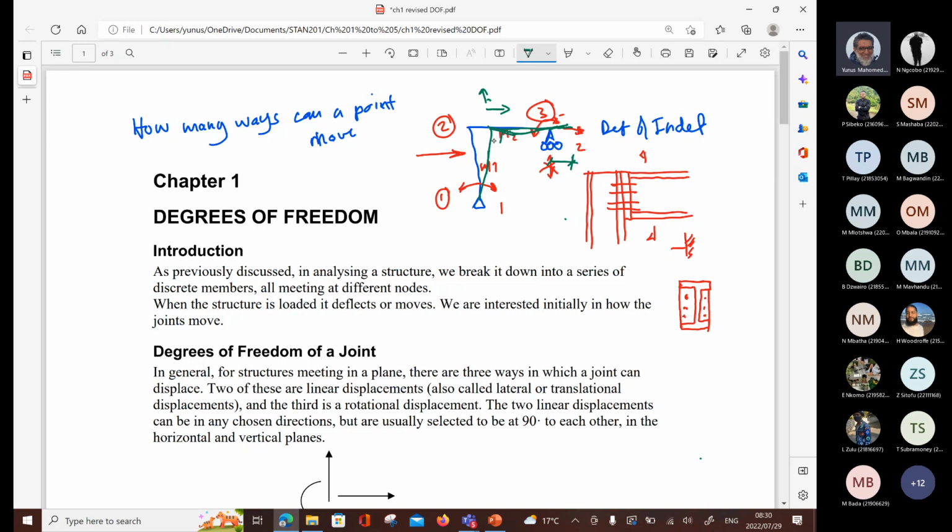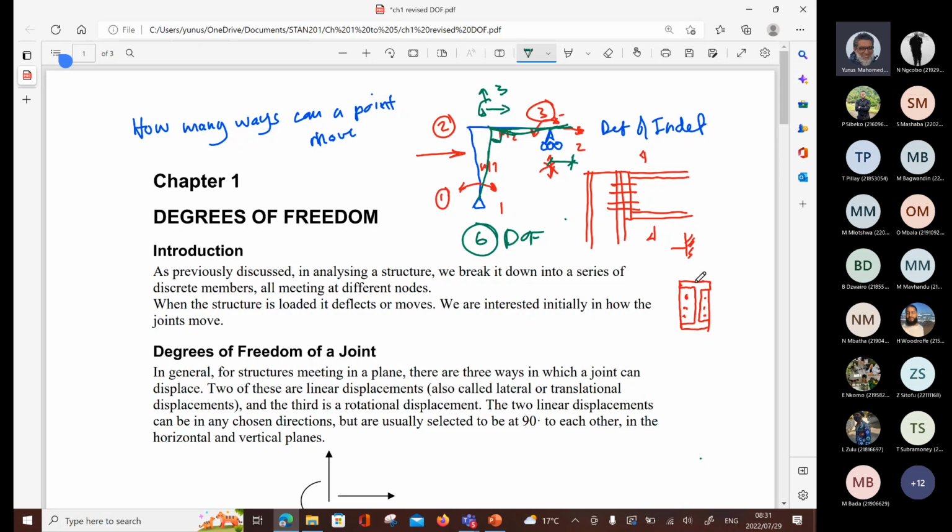It's going to maintain the angle between the 2 members at that intersection because we've got a rigid connection, which means the beam has to bend down to accommodate the movement in the column. So we're going to get 3 there, 2 there, and 1 there. So the degrees of freedom will be 6. I have 6 degrees of freedom in the structure. Do you follow? So that's what we're saying.